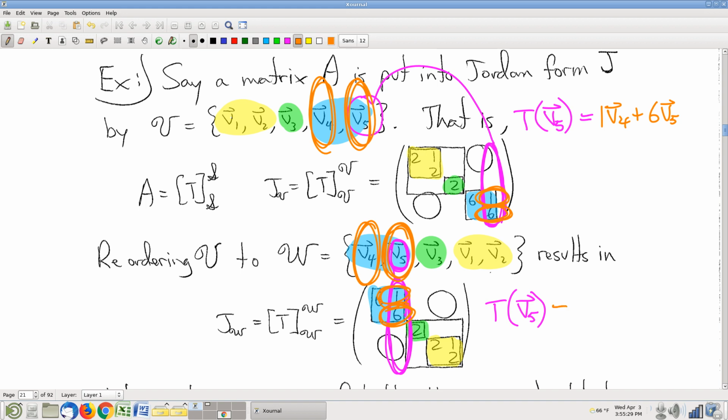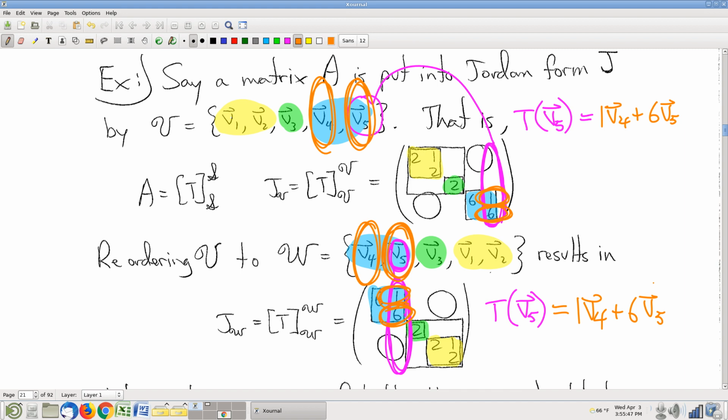So again, this column looks totally different. It's in a totally different location. It is again telling us 1 V4 plus 6 V5. Everybody on board?